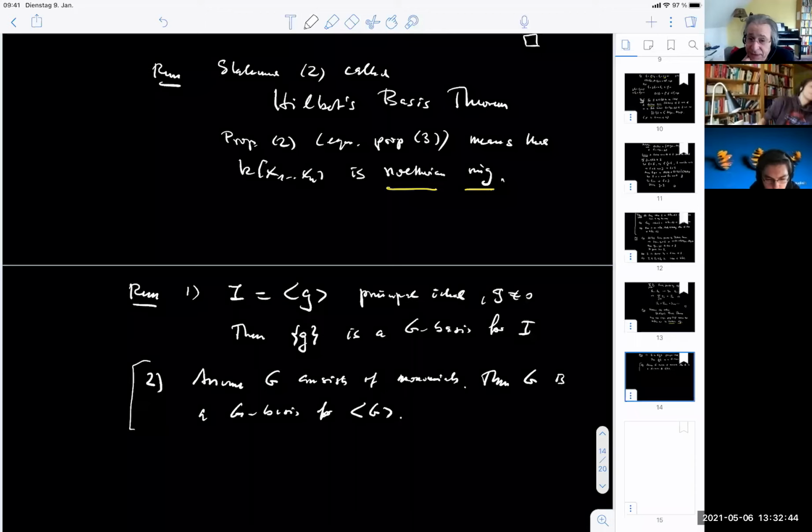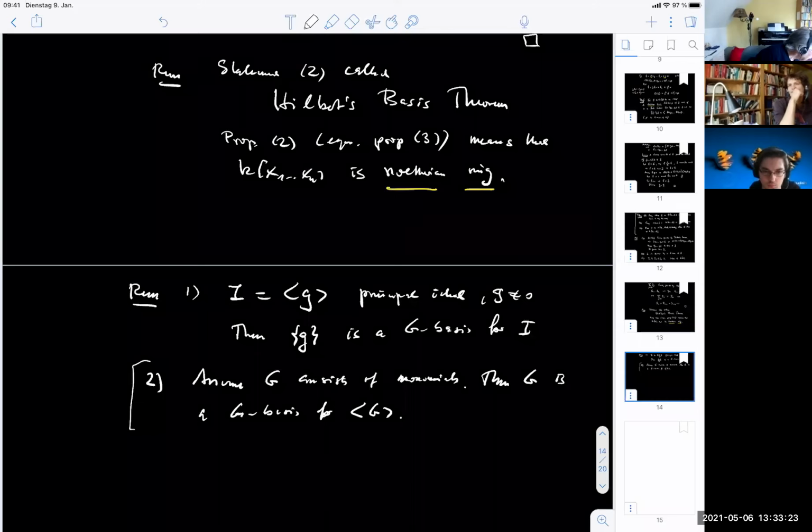But now we will see that if I apply the division algorithm and divide by a Gröbner basis, so this capital F set is now a Gröbner basis, then the output of the algorithm is unique, independent of the order of the polynomials. So I get unique normal forms. This is very, very nice, independent of what the algorithm does.